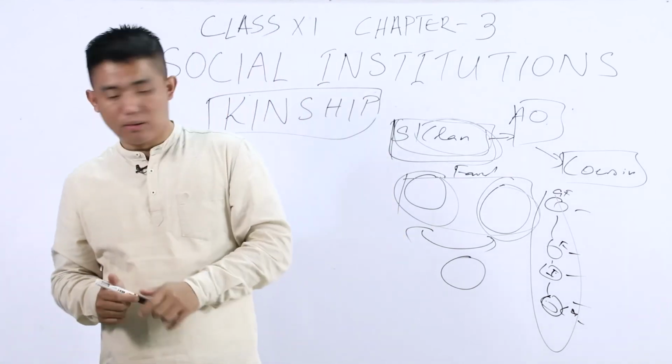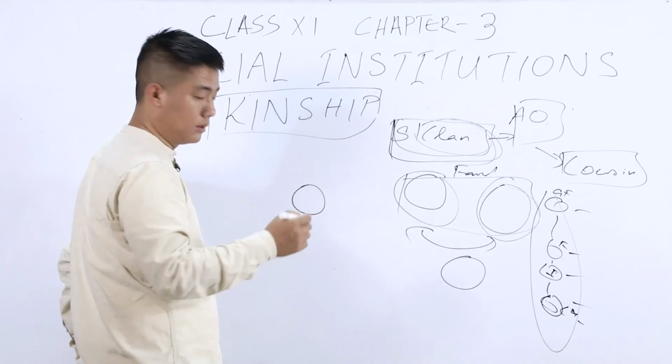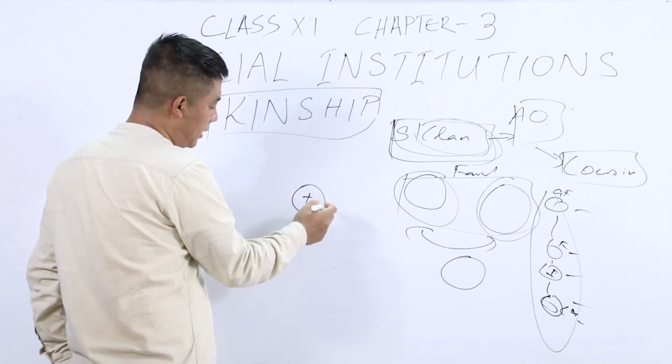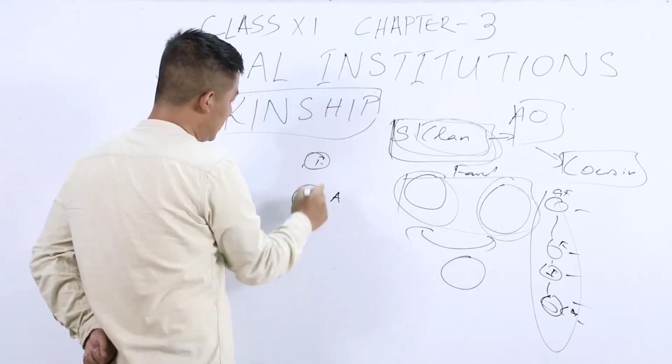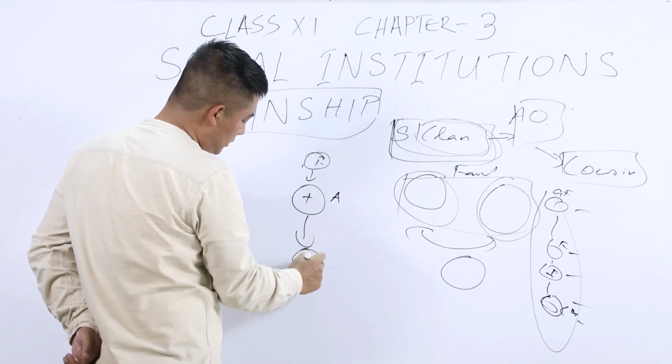For example, a guy, Mr. A. Mr. A has a father, and Mr. A also has some children, right?